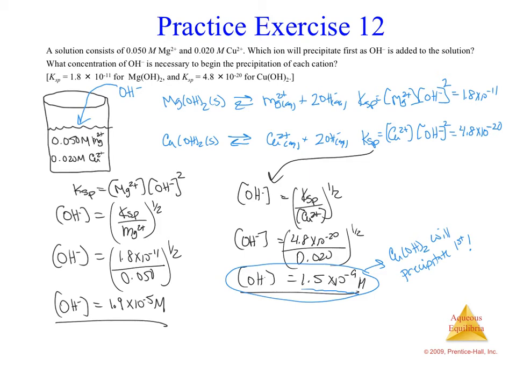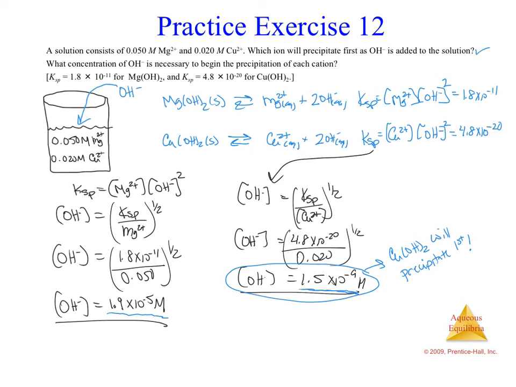The molarity of the hydroxide necessary for precipitation is 1.5 times 10 to the negative ninth. For the magnesium to cause precipitation, I need a larger molarity of hydroxide, 1.9 times 10 to the negative fifth. So that answers which ion will precipitate first.